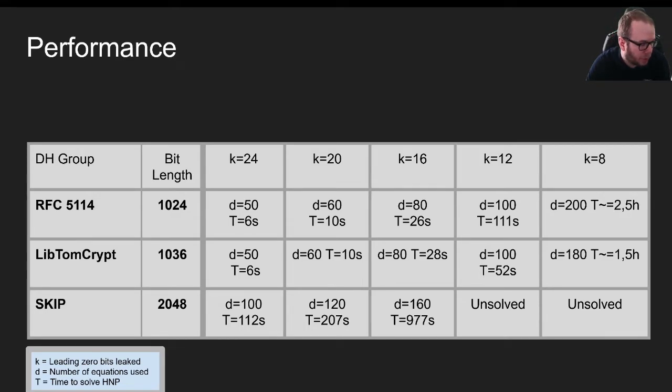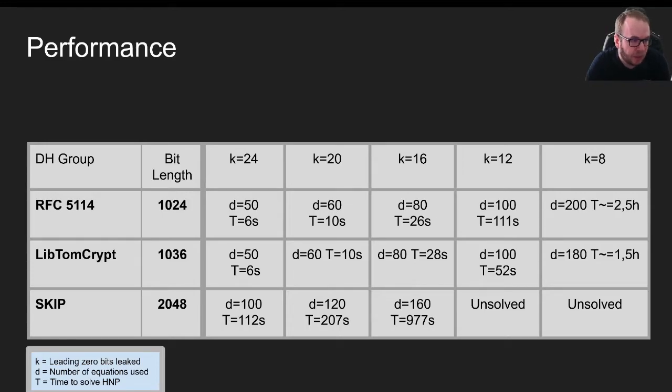If you are in a position where you get more leading 0 bits, which might be because you measure the difference between 2 leading 0 bytes and 1 leading 0 byte, you can use fewer equations, and you get less computation time, but you will probably need to measure a lot more. And also it depends on the length of the Diffie-Hellman parameters.